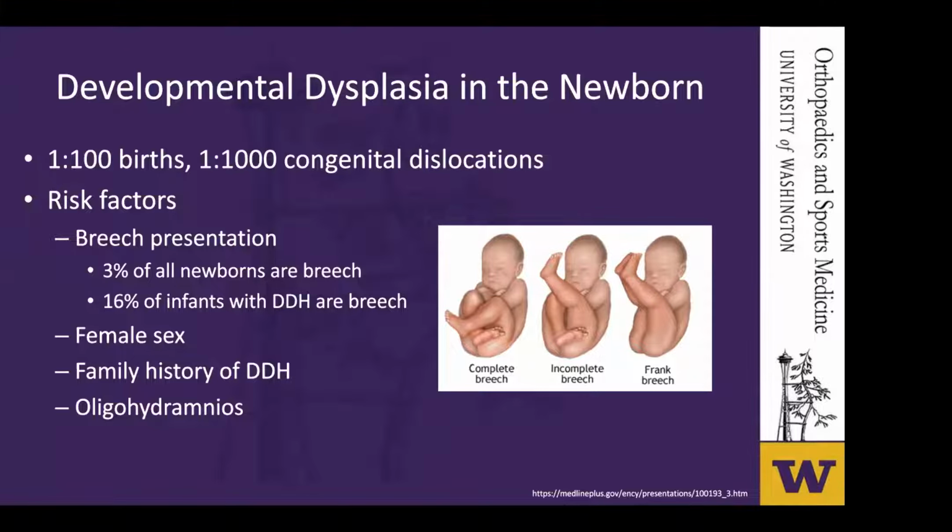Additionally, female sex, family history of developmental dysplasia, and oligohydramnios are other mitigating risk factors, in addition to some ethnic differences in genetics, as well as swaddling practice, among other risk factors.